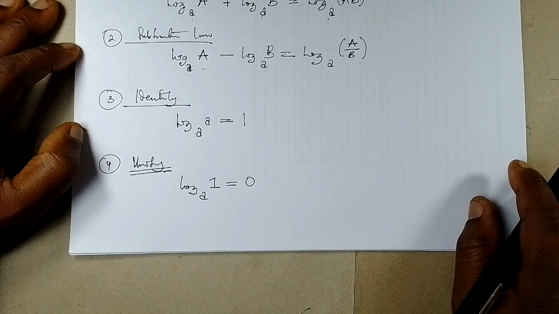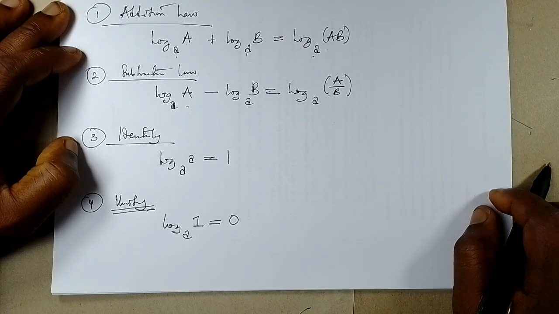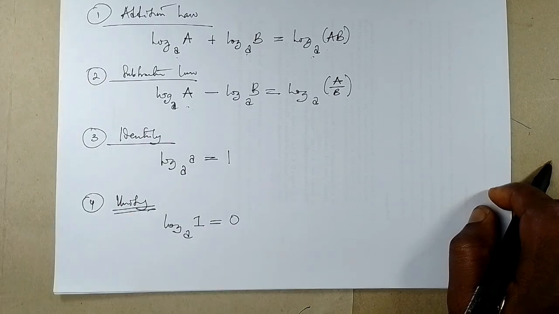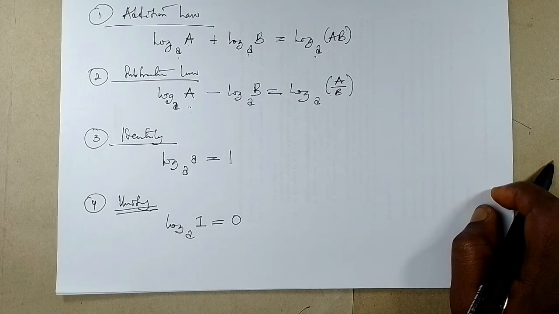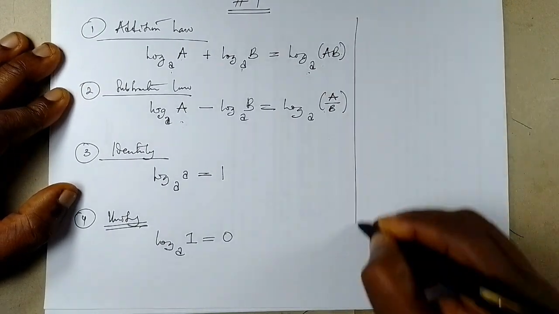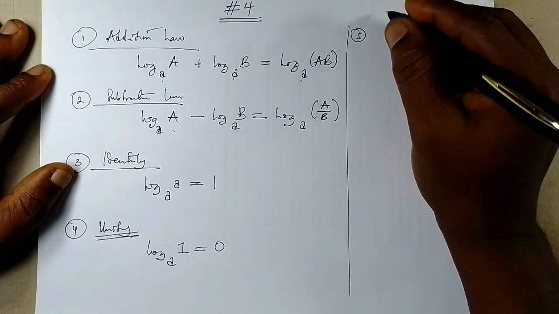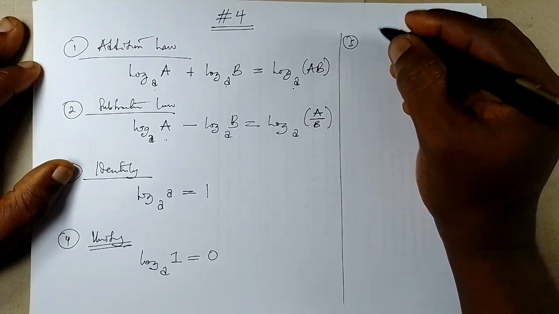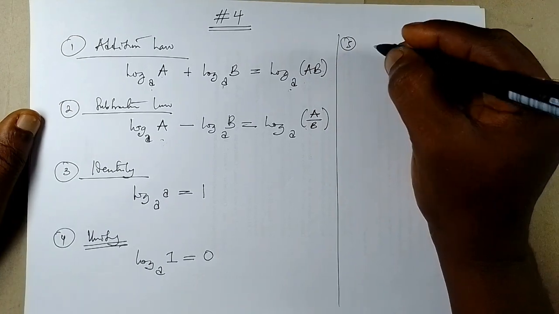Now when it comes to proving these laws, I'm going to show you how these laws relate to the laws of indices. They all can be proved using the laws of indices. Provided the laws of indices are true, then these laws are true. Now let us move to the next law. Law number 5. This law I'm going to call the law of power of the logarithm.